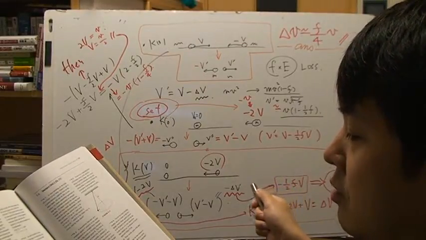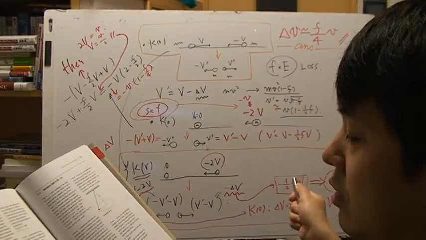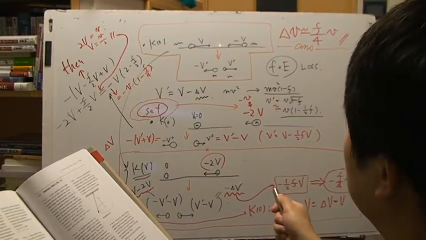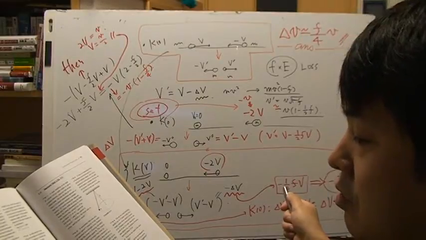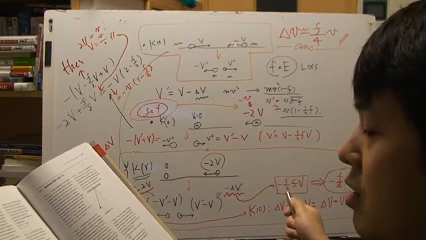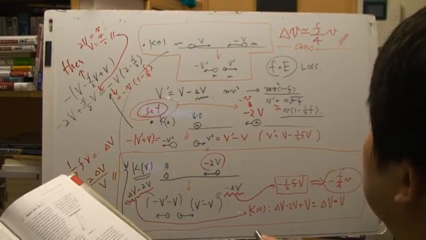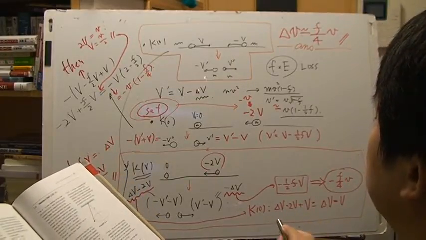gliders moving on a level air track at equal and opposite velocities v and minus v, glide almost elastically and rebound with slightly smaller speed, v prime equal v minus delta v.